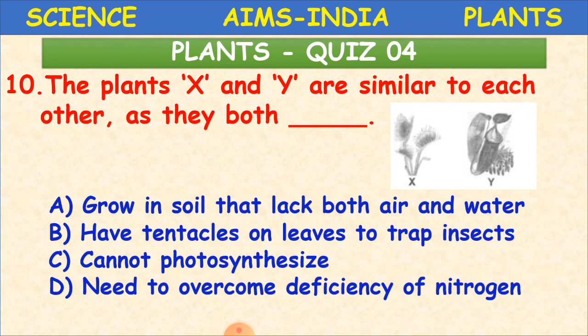So our correct answer is D here. They are similar to each other because they are both insectivorous plants. Clear children? Yes. The next question now.